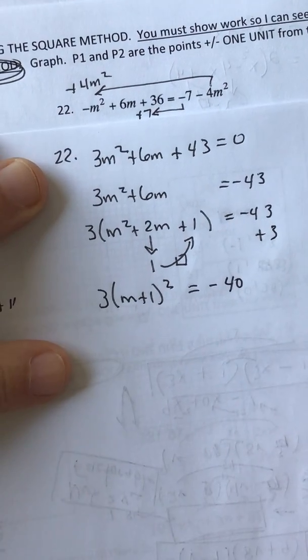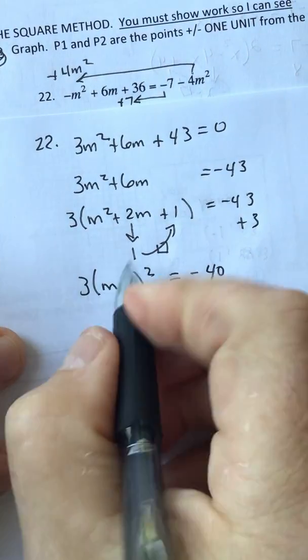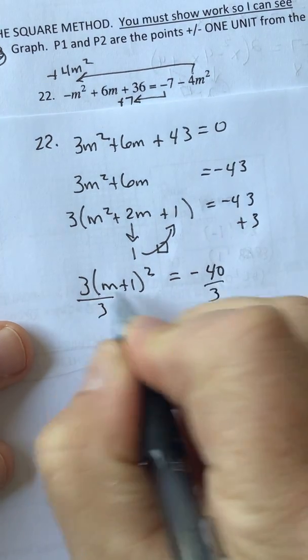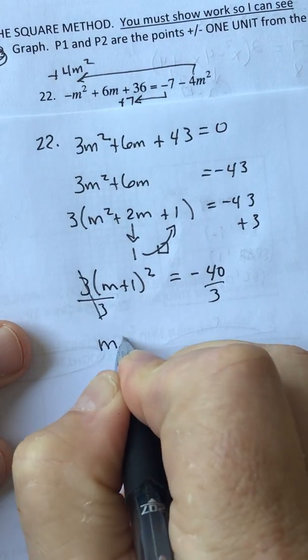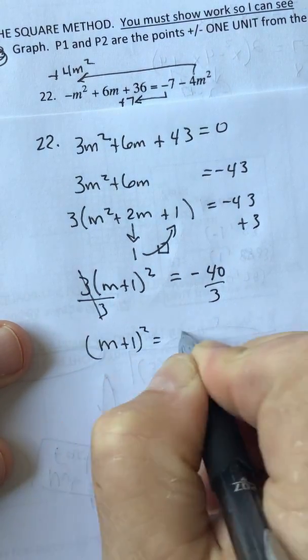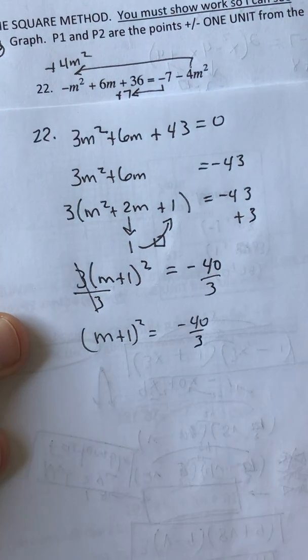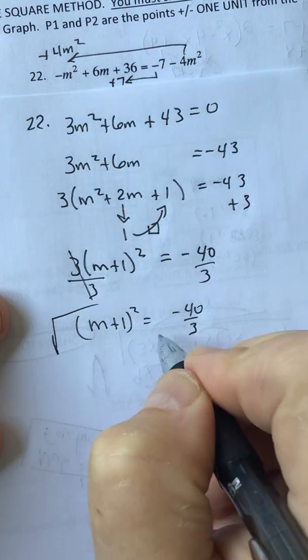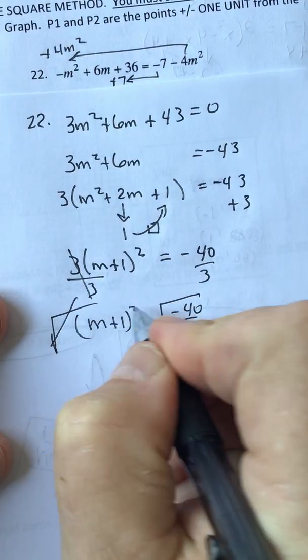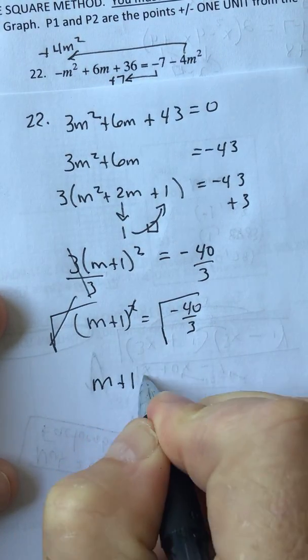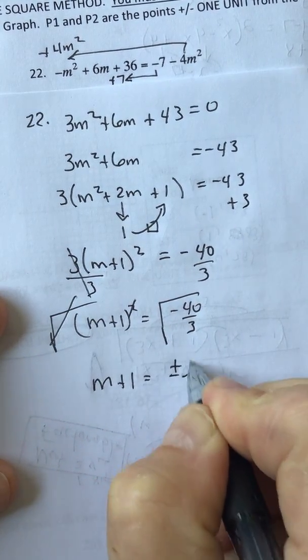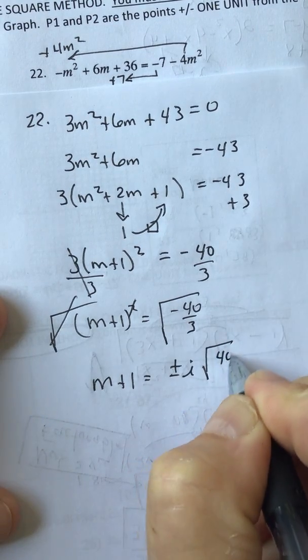Okay, I'm going to divide both sides by 3. And now square root both sides. So those square roots go away. We have m plus 1 equals plus or minus the imaginary square root of 40 thirds.